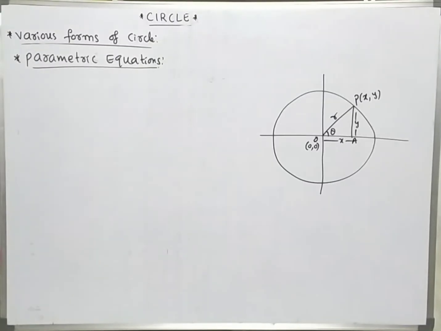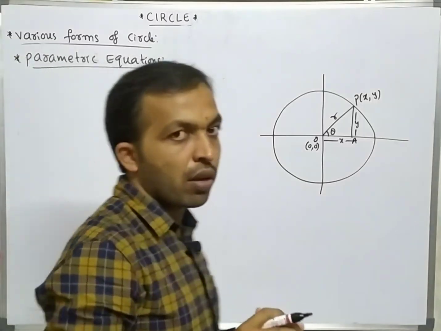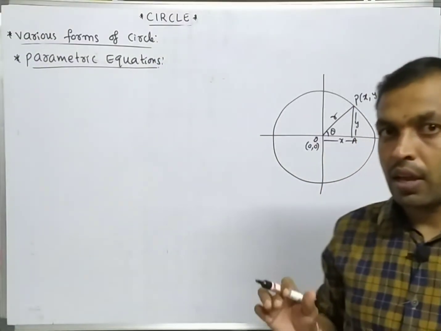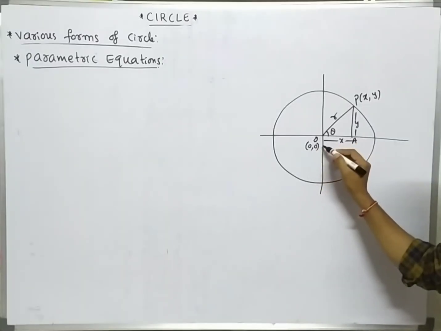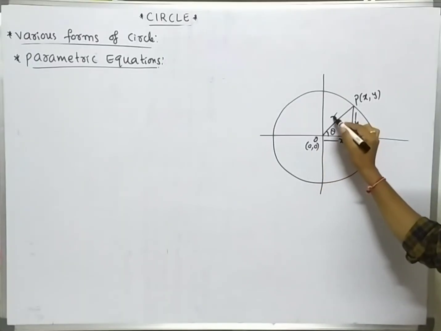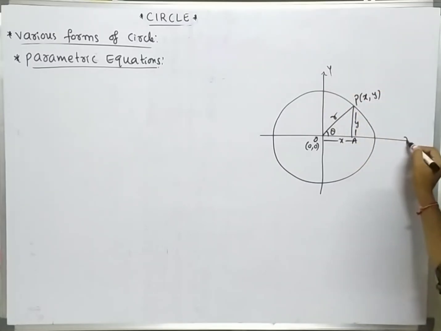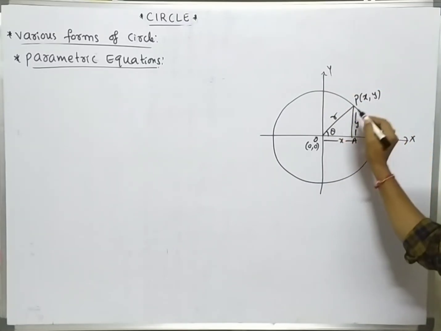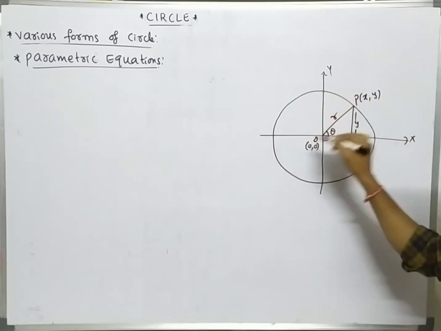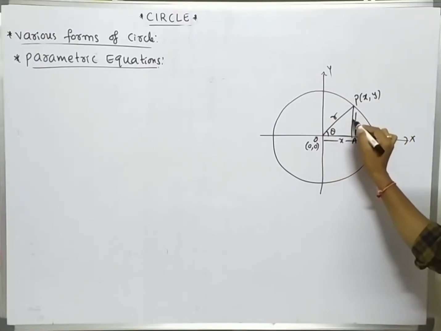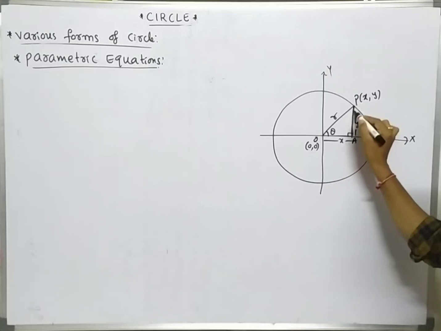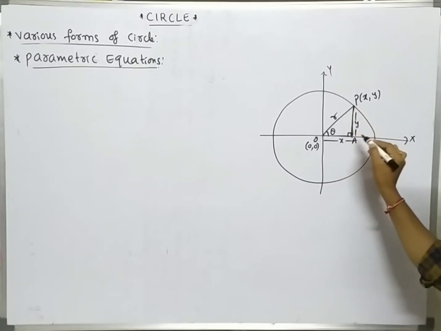Next, parametric equations of a circle. Okay, so let us take O(0, 0) as the center of the circle, r is the radius of the circle, this is y-axis, x-axis. So here P(x, y) be a point on the circle, then this distance is x and this is the perpendicular drawn on the x-axis.